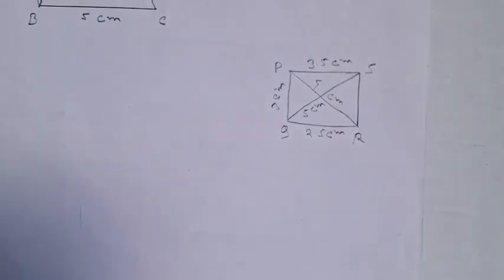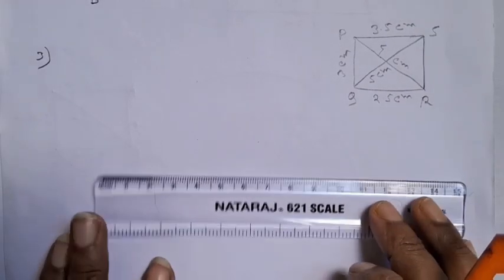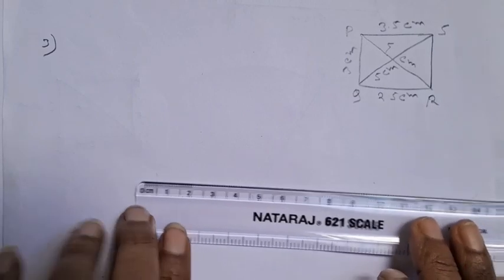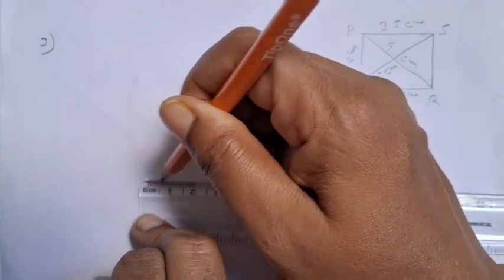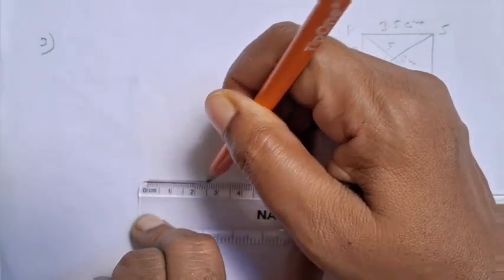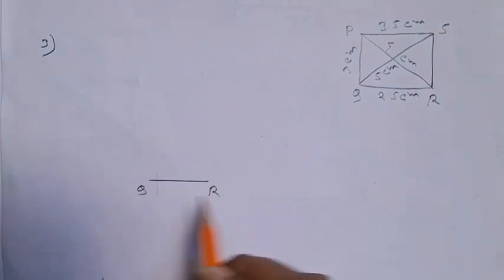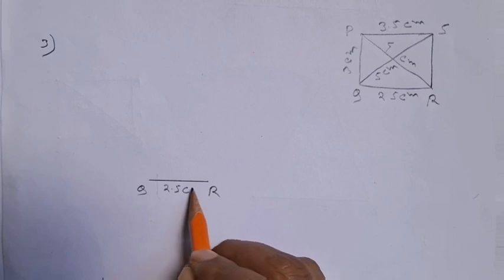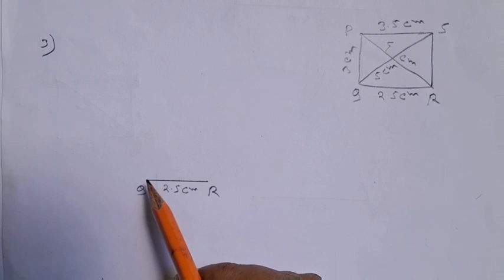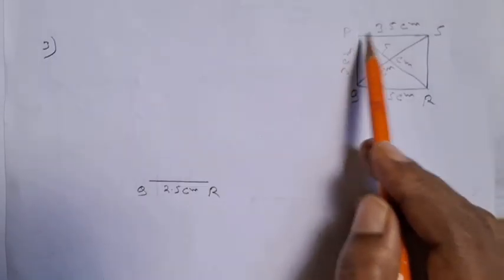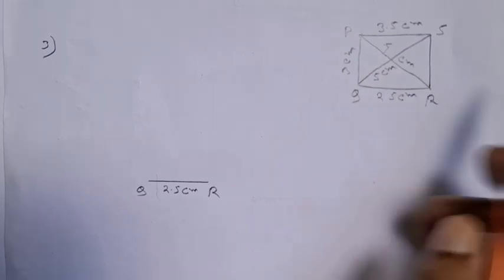And now I draw the base QR, which is 2.5 cm. And now I am going to draw point P, which is 3 centimeter away from Q and 4 centimeter away from R.